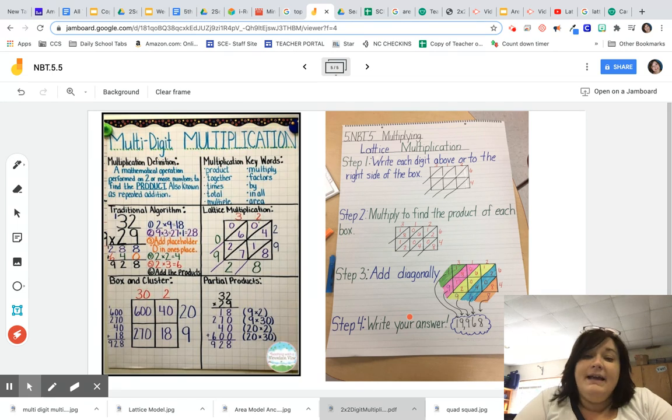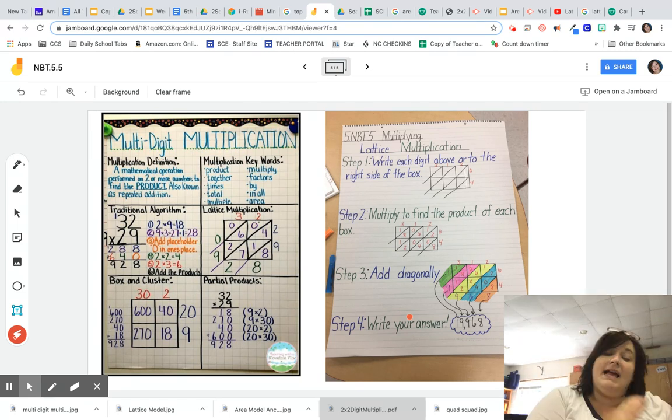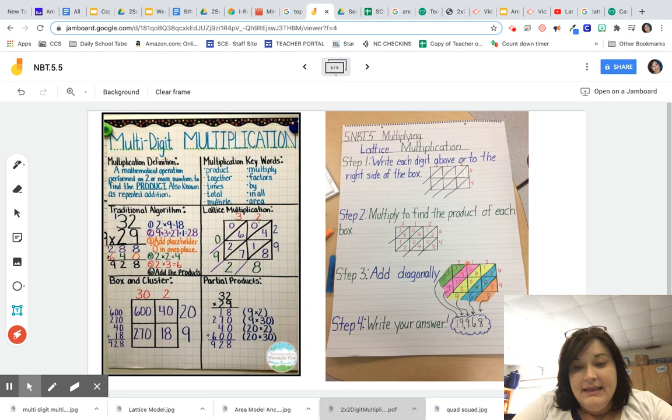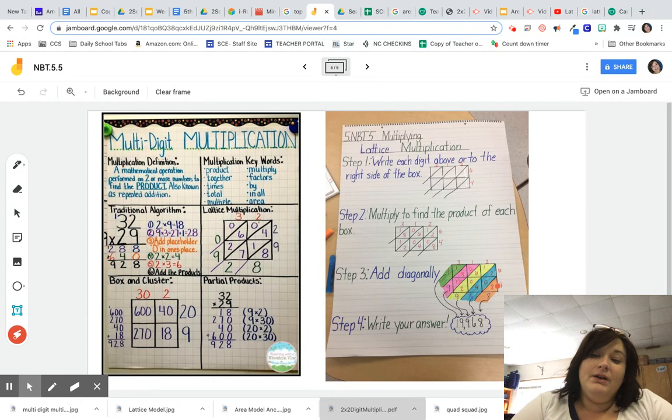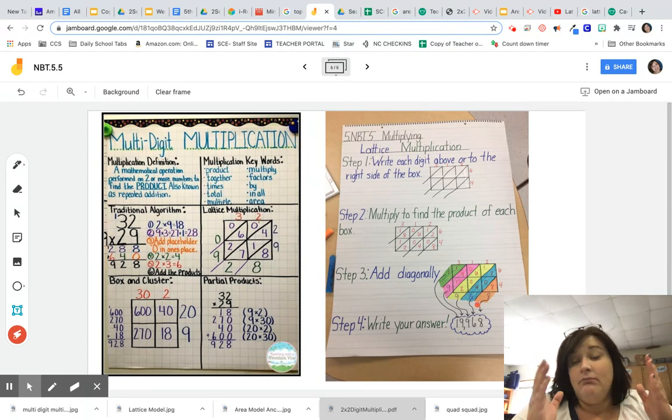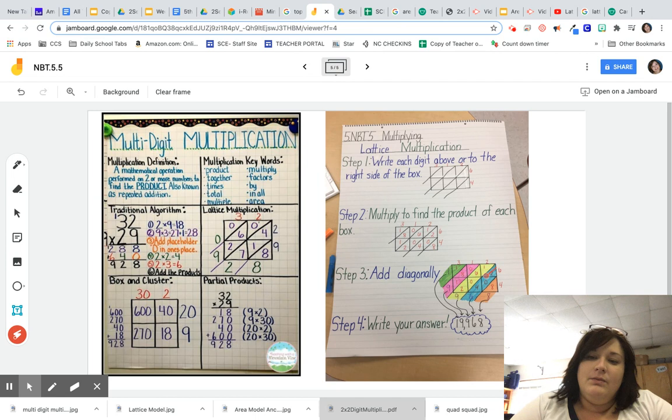So next, we're going to add these diagonally. These very important lines become our boundaries of where we're adding. So we're going to start over here in the ones place, and 8 plus nothing is 8. Then we're going to go down this diagonal line, and it's 2 plus 4, and that equals 6.